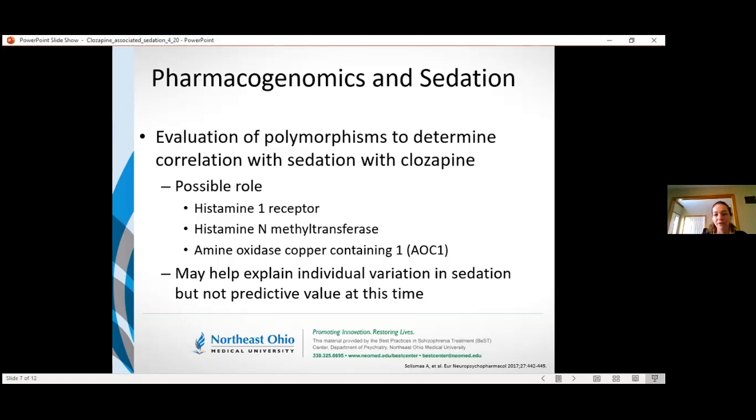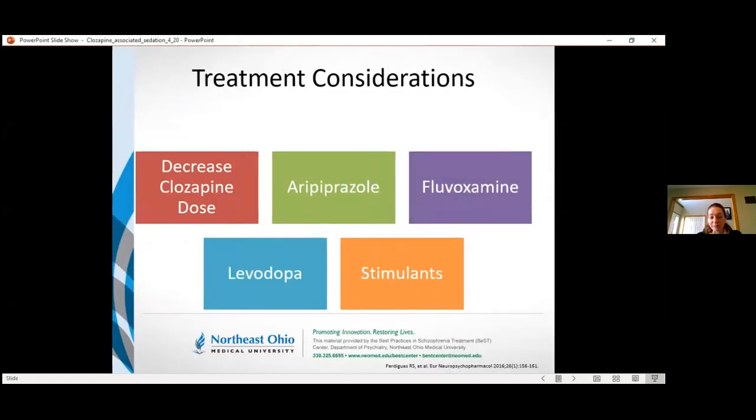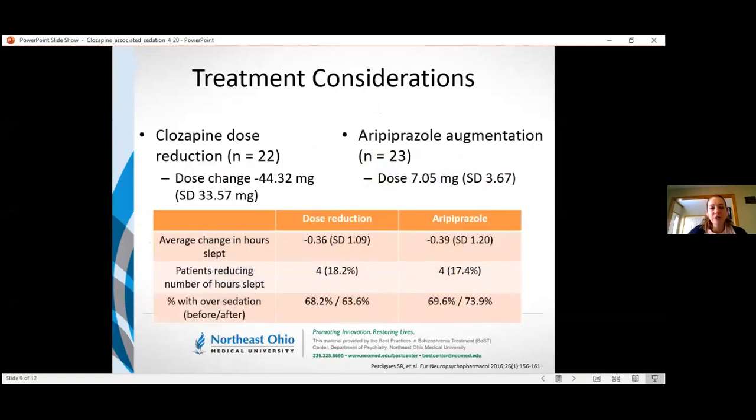So recognizing it does tend to be prominent, it's going to stick around, what could we do about it? There are a number of different treatment options. These are the ones we're going to focus on today, with the decreasing clozapine dose and the aripiprazole being the primary focus. In that trial that I was telling you about, the observational trial, there were 450 total clozapine patients, but they had enough data to evaluate information on 140 of them.